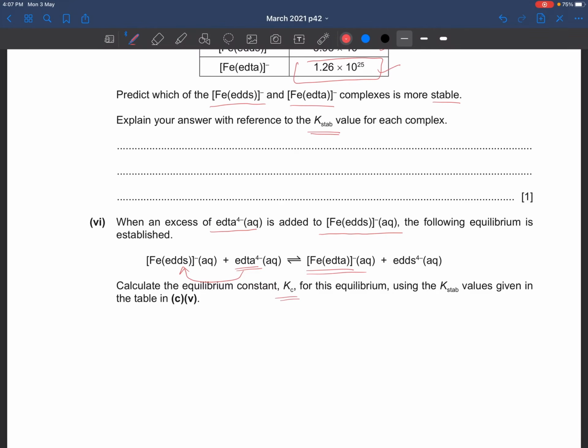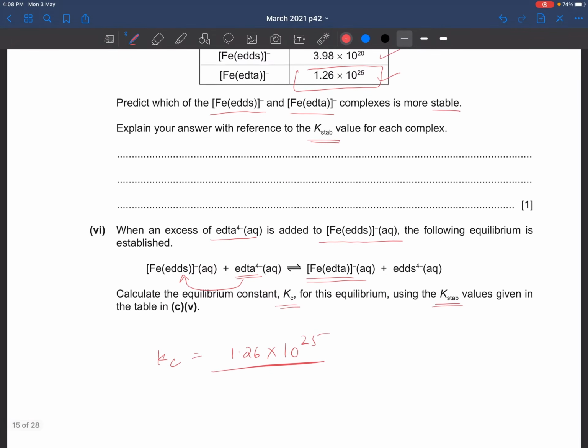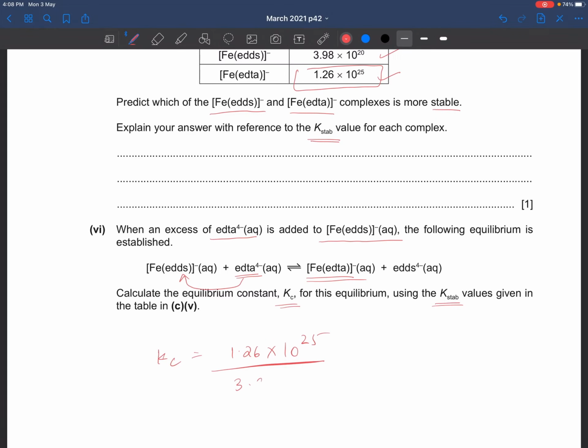Calculate the equilibrium constant Kc for this equilibrium using the Kstab values given in the table. So the expression of Kc would be the Kstab value for FeEDTA-, which is 1.26 times 10 to the power 25, divided by the Kstab value for EDDS, that is 3.98 times 10 to the power 20.